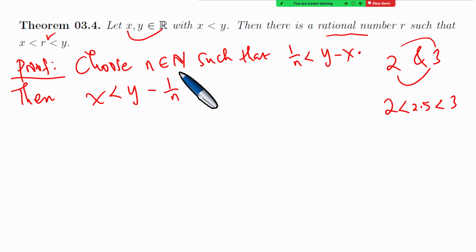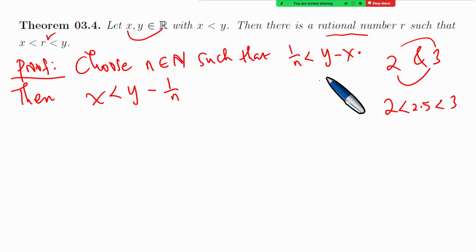Okay, choose n, an element of the natural numbers, such that 1 over n is less than y minus x. This one is a choice. It's a very clever construction, but let us check whether it is going to help us or not.